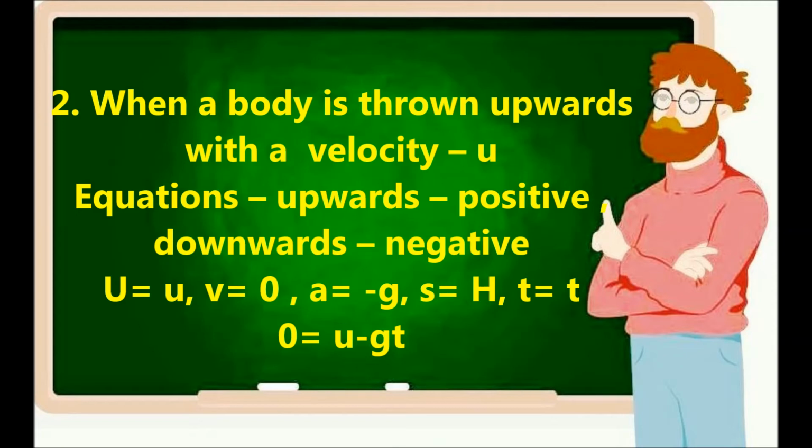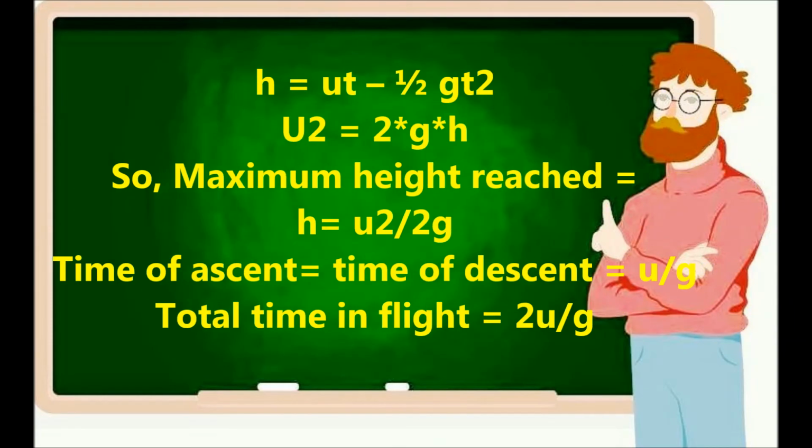Displacement is upwards, so h is positive. So we have 0 is equal to u minus gt, h is equal to ut minus half gt square, and u square is equal to 2gh.